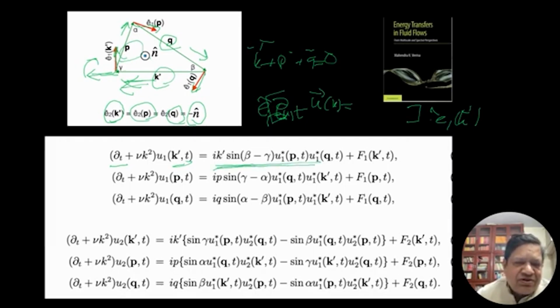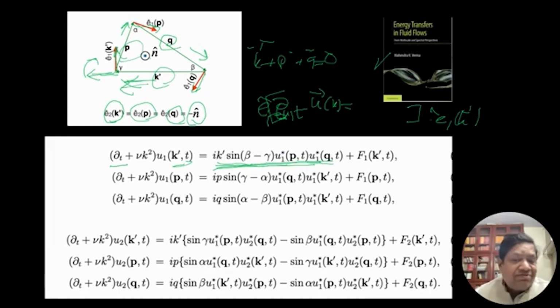Right now I am working with a single triad, so there is no convolution, but there are convolutions in the sense we'll have U1p, U1q, and then U1q, U1p. If you do the algebra properly, which is there in this book, you will get i k prime sine beta minus gamma U1 star p, U1 star q.